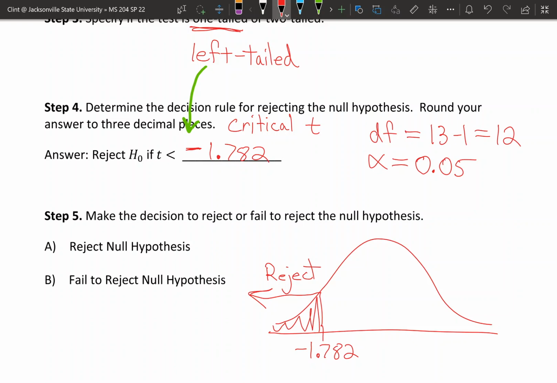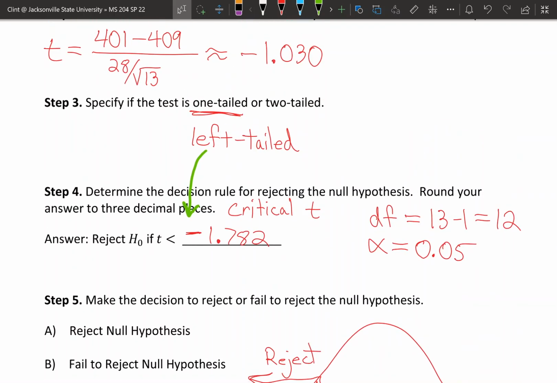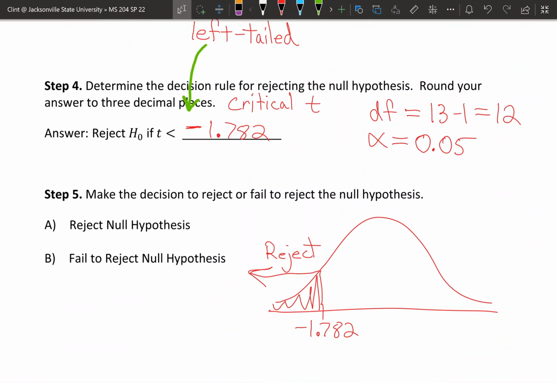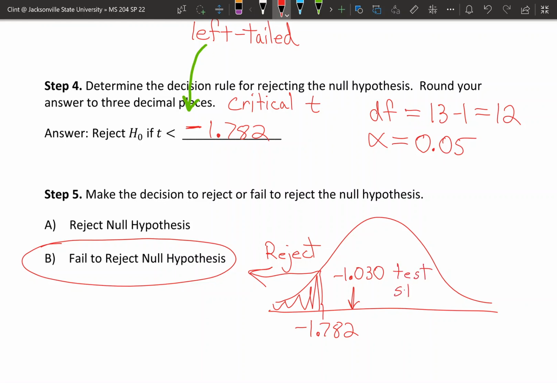On this one, our test statistic was negative 1.030. That's over in the non-rejection region. So we fail to reject the null hypothesis.